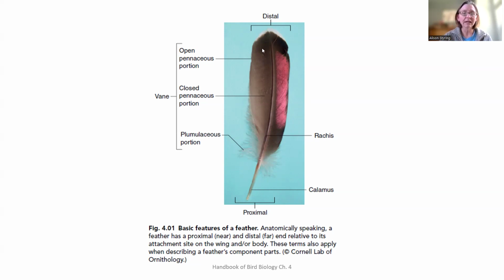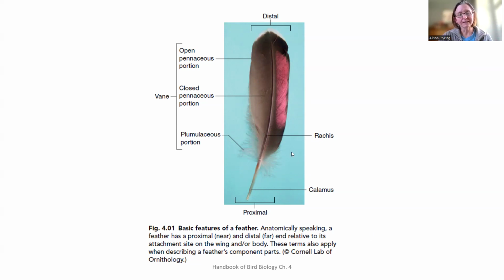Here in this image, they're talking about the pennaceous portion. This is the area of a feather that's really smooth looking, and it's got these interlocking sort of features about it. Most feathers also have a plumulaceous portion, areas where the feather looks like down. It's very floofy and there's no sort of connecting up of those parts of the feather. So those are your basic parts of the feather.